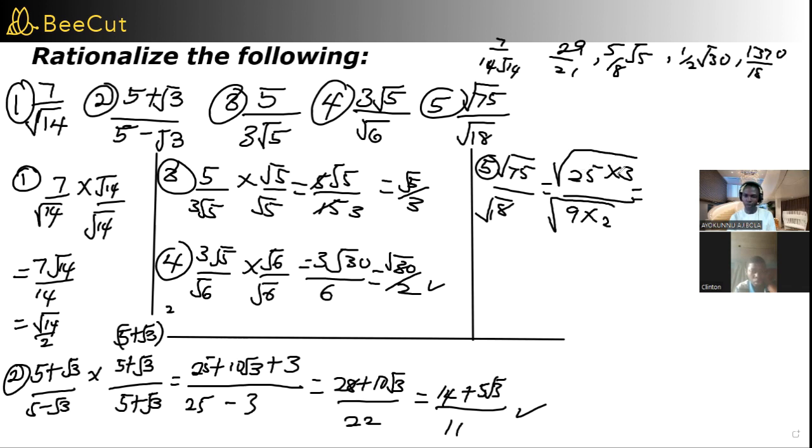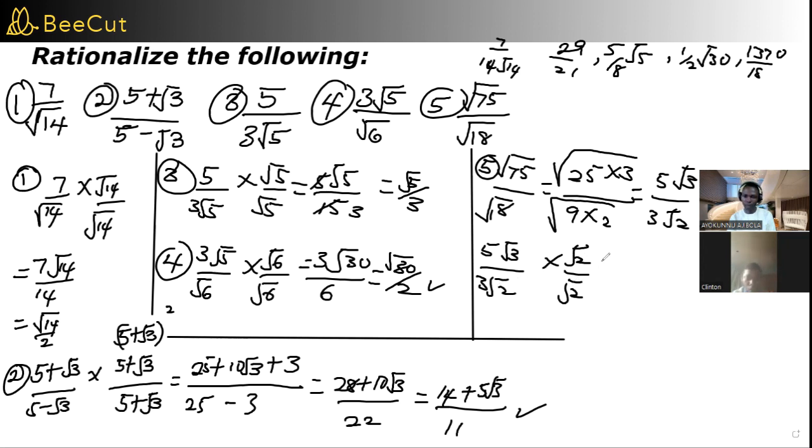So I can have square root of 25 times root 3, so I have 5 root 3. And the square root of 9 is 3, so it is now 3 root 2, and we want to rationalize.